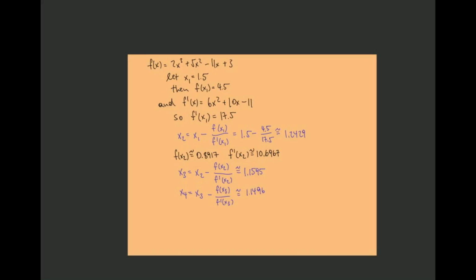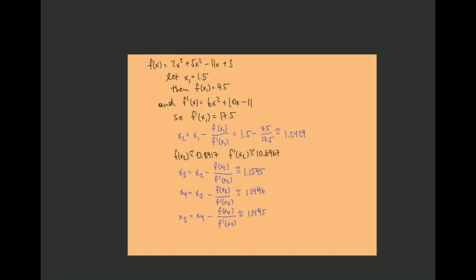And you can see that not much has changed going from x3 to x4. So this process is working pretty well here. The x's are going towards the x-intercept quite fast. And in fact, if you look at x5, it's only 1/10,000th away from x4.